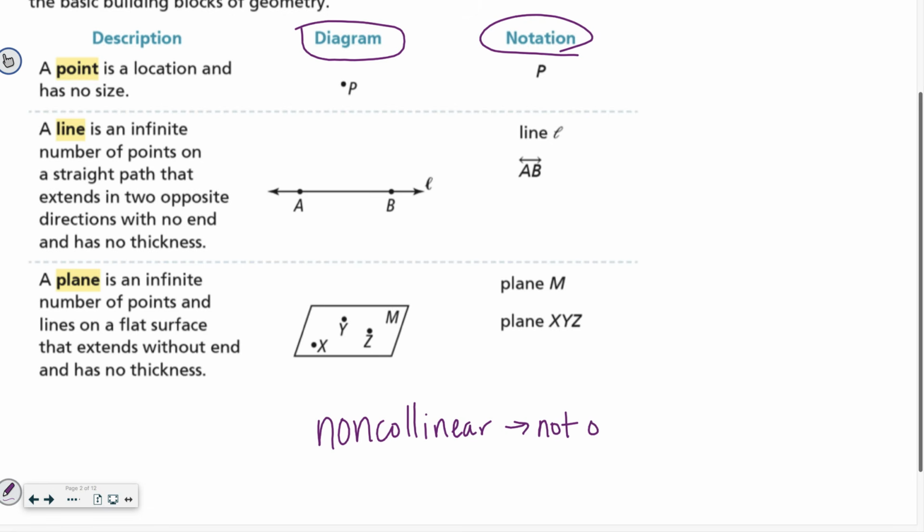Not on the same line. So then another good word to know is collinear, on the same line. Okay, so the second name for the plane would be plane XYZ.